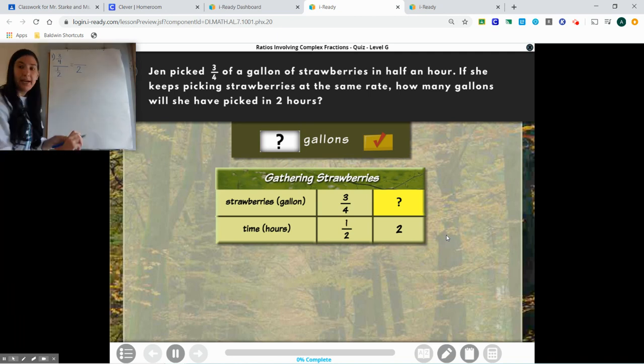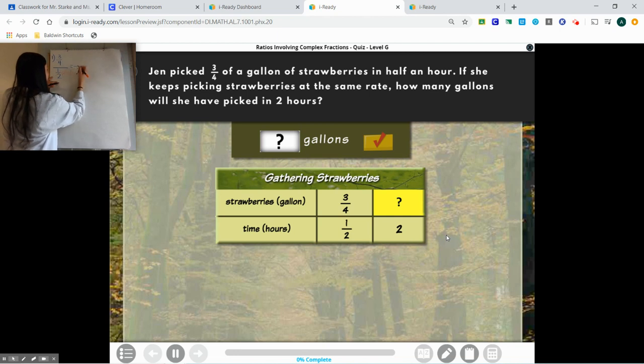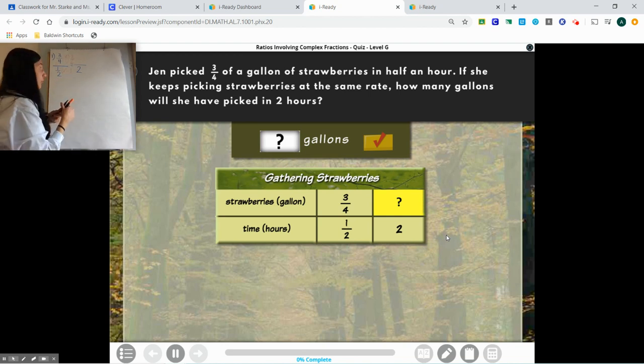So let's start with that. So if we multiply this by 2, these would cancel and we'd get 1. And then we'd multiply this by 2 over 1 and we would get 3 over 2 over 1. So that's our unit rate, 3 over 2 over 1.